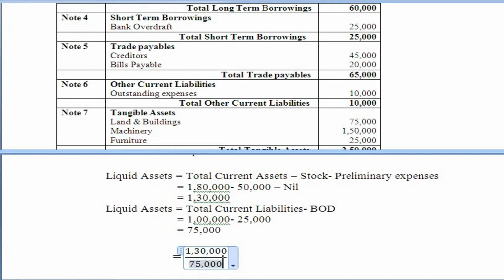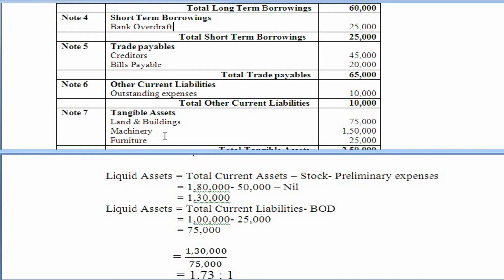Now 1,30,000 divided by 75,000 is equal to 1.73 is to 1. I hope you understood the calculation of liquid ratio.